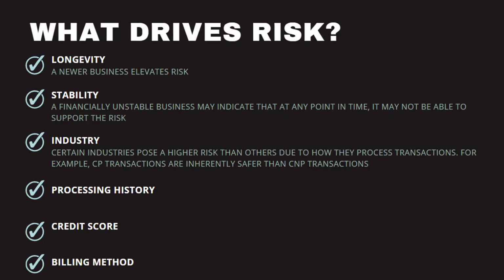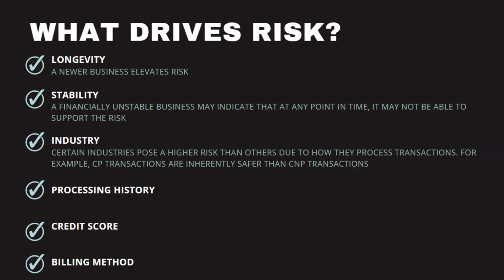If a previous account was in good standing with us, it's likely that processing history will carry over. If they're adding a location, it's likely a new account will be as well. If there's a collections balance on that previous account, that's going to need to be cleared up before we can review a new account. The credit score shows us an overall picture of the principal's financial character.